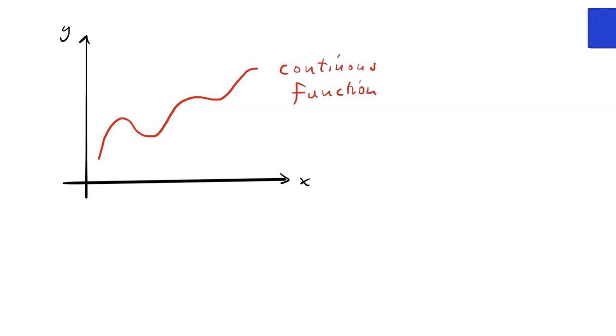But if I can't do that, for example, if I have a curve looking like this, and then suddenly I have to make a jump here, this is called a discontinuous function.